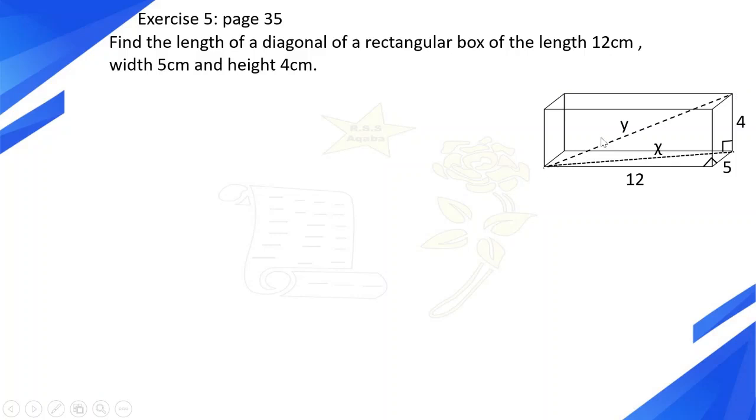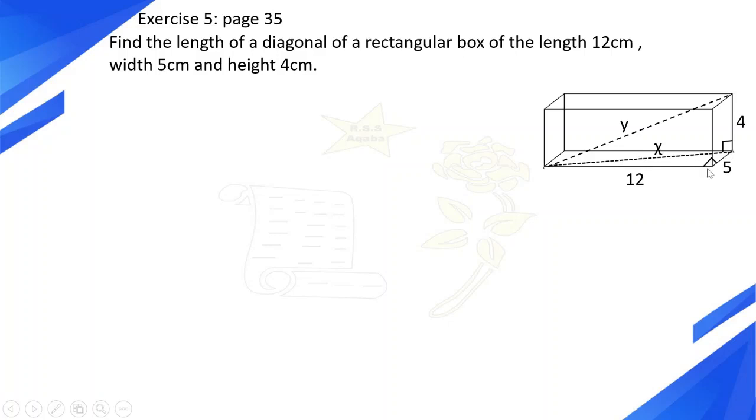It's inside the box, from this vertex to this vertex. To find y, we have to find x first. We have to find the length of this side.